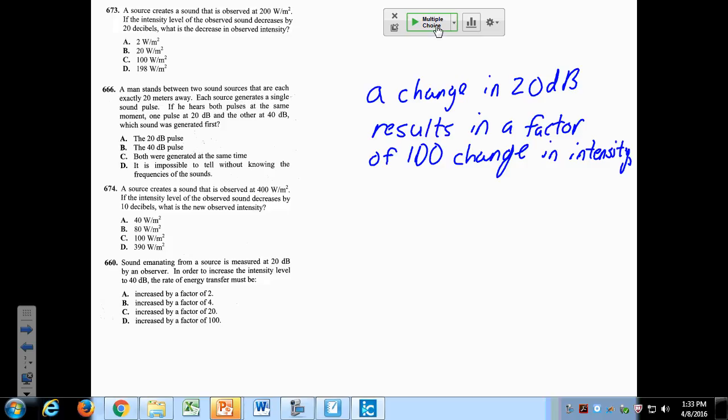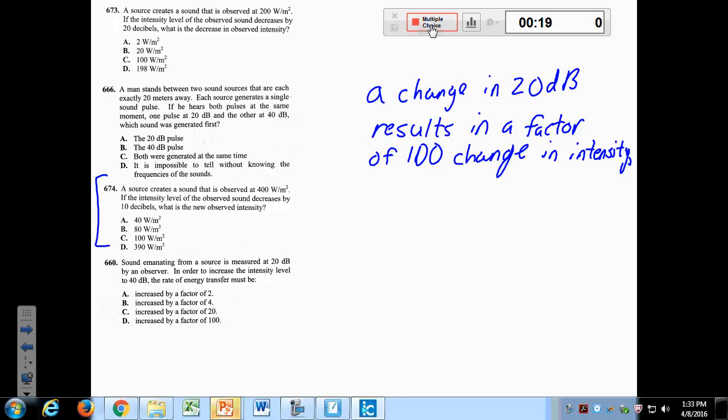Let's try 674. That's this one down here. We'll skip 660. Let's do 670. Not for superstitious reasons, we're just going to skip it. It's observed at 400 watts per square meter. The intensity decreases by 10 decibels.